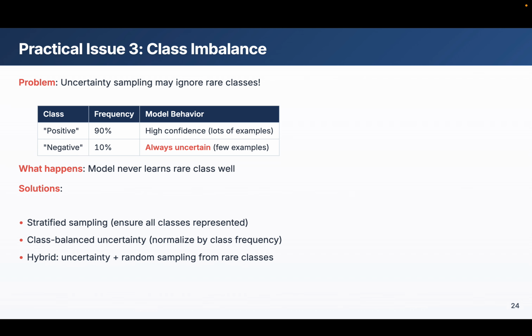So you want to ensure that you get a reasonable proportion of samples across all of the classes. Typically how this is done is, when we don't have a lot of samples from some hard classes, and they're not somehow picked by the uncertainty acquisition, you'll end up doing random sampling from those rare classes.